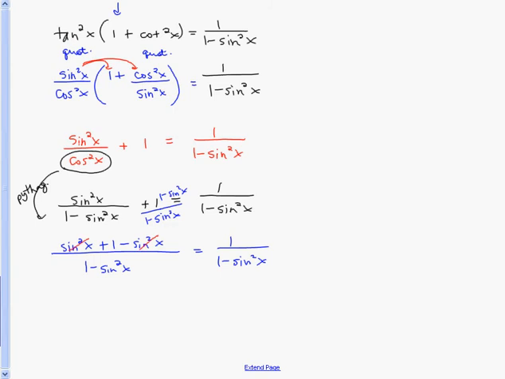Notice the sine squared of x cancels on top, and it leaves me with 1 minus sine squared of x equal to 1 over 1 minus sine squared of x. So this is done. I've verified it, kind of around the world, but I verified it using just that one-handed side. I hope you are doing all right.